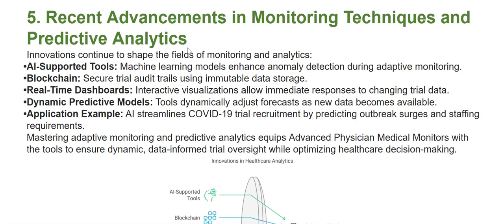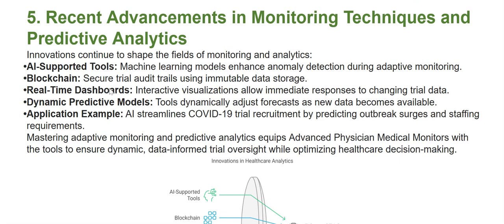The recent advancements in adaptive monitoring techniques and predictive analytics. Innovations continue to shape the fields of monitoring and analytics. AI, artificial intelligence supported tools and machine learning models enhance anomaly detection during adaptive monitoring.